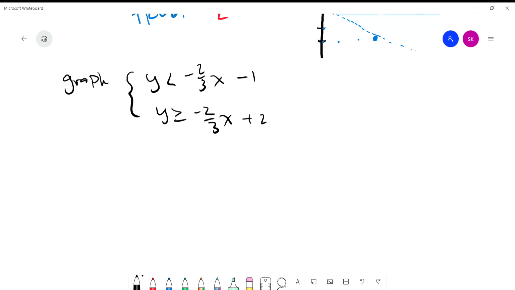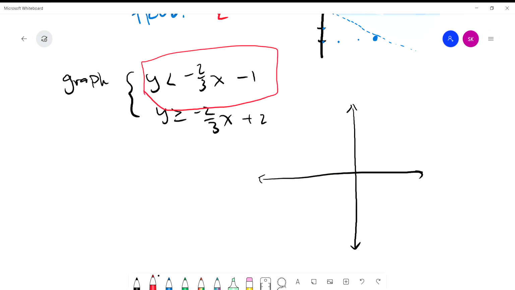Okay, so if I graph this one, let's start with the top one. -1 is down here. It's a slope of -2/3, so I would go -1, -2, and over 1, 2, 3 to get here. It is a dotted line because of that strict inequality.